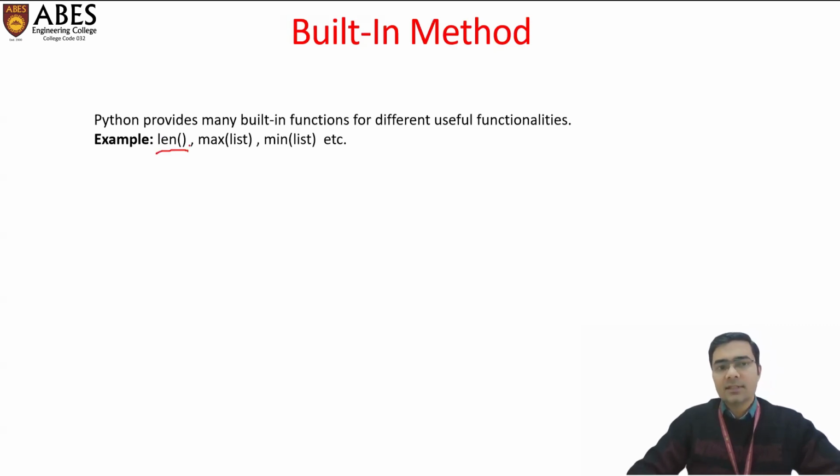This function gives the number of elements in a given list, meaning the length of the list. The second function is max. If we pass the list to the max function, it returns the maximum element. Similarly, the min function returns the minimum element of the given list. And there are a lot of other functions also. They will be discussed in the implementation section very soon.